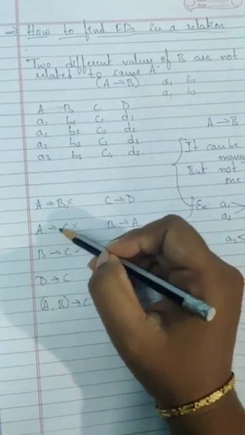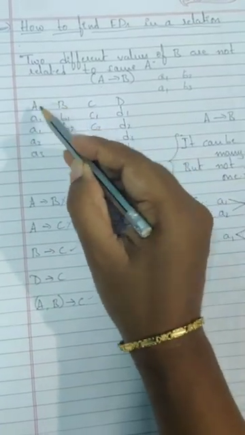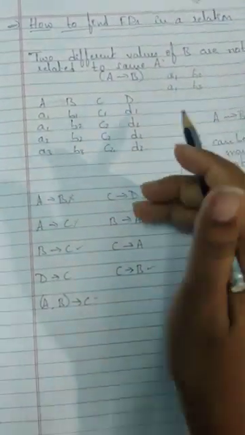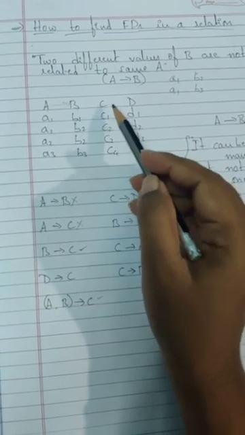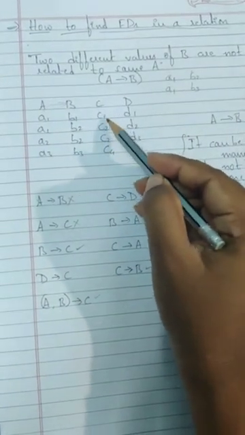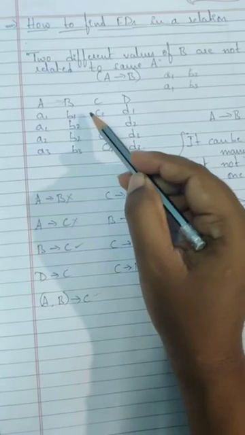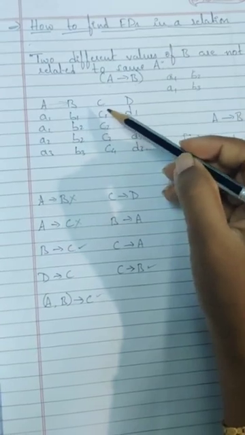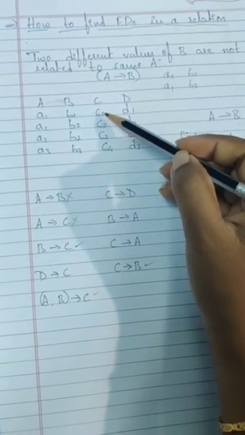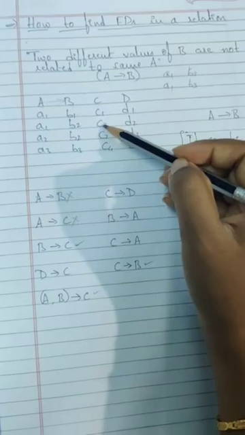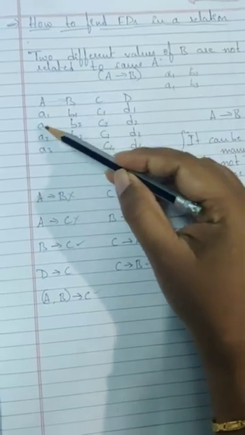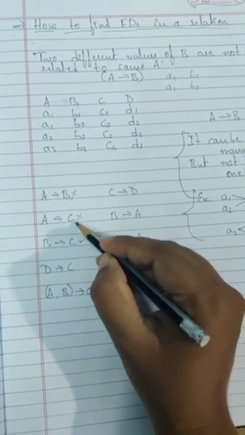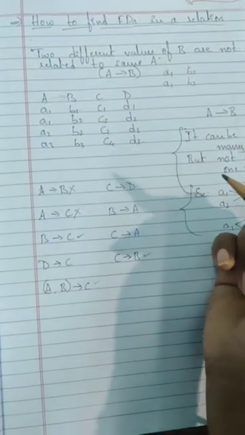Next we will check for A determines C. What is the statement we have? Since we are considering A determines C, I will consider this value as C. Two different values of C are not related to the same A, but here it is related to the same A, so we cannot consider this as a functional dependency for this table.